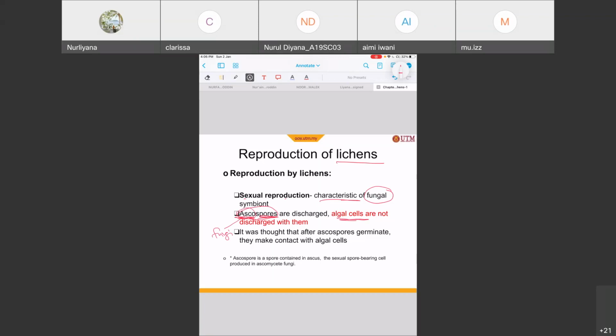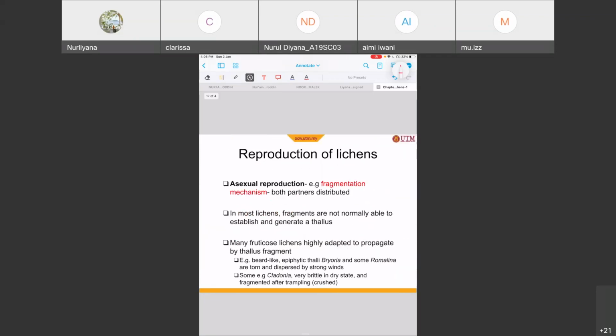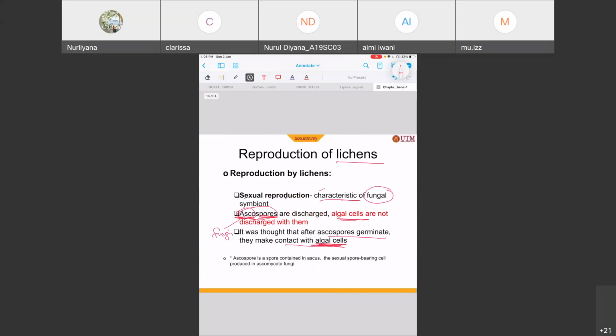So it was thought that after the ascospores germinate, they can make contact with algal cells. If you want to see in detail, this slide is very basic. It does not go into detail on lichen reproduction, because as I said, it depends on the characteristics of the types of fungi.